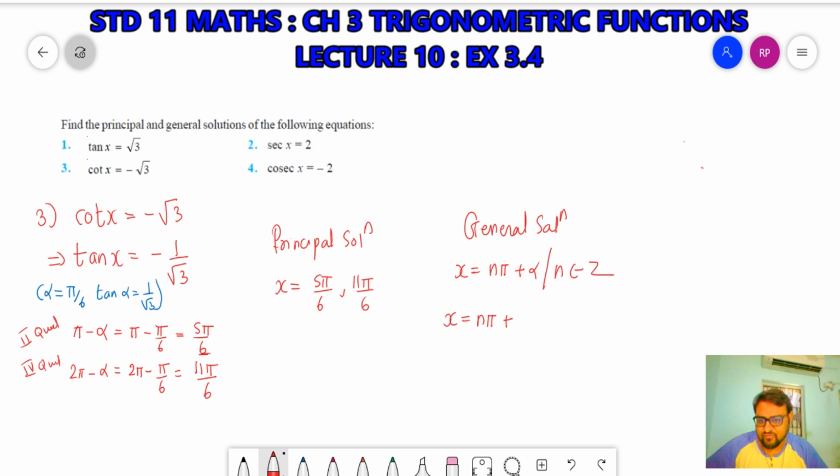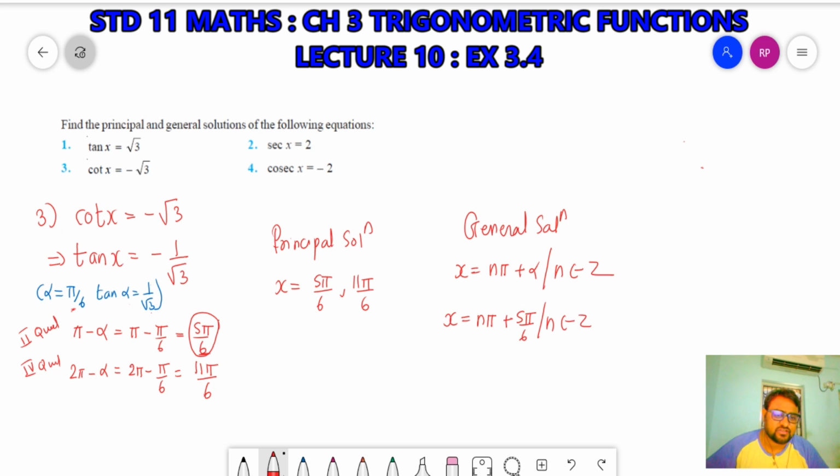See, here I'm getting 5; I cannot take pi by 6 here. Remember, when we take pi by 6, it is 1 by root 3. Clear? So I need to take this value for negative. So it will be n pi plus 5 pi by 6, such that n belongs to Z.